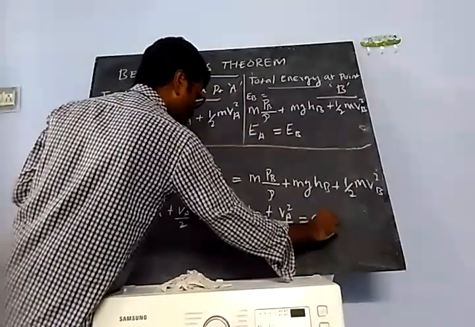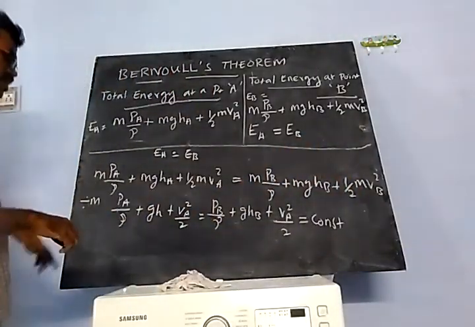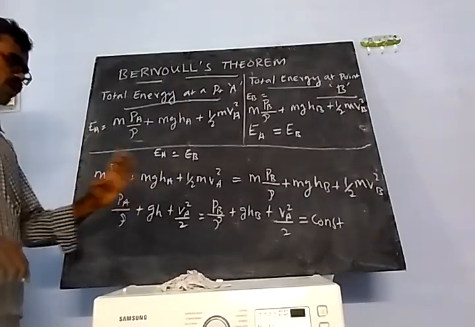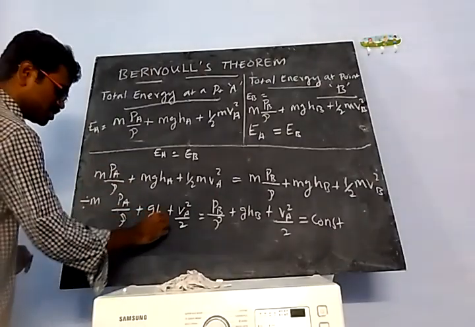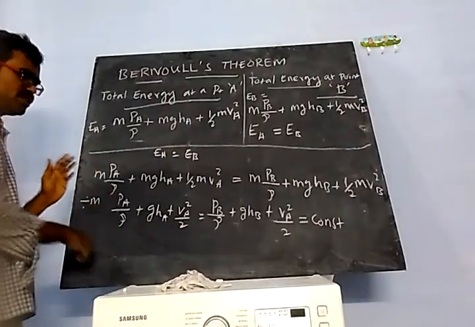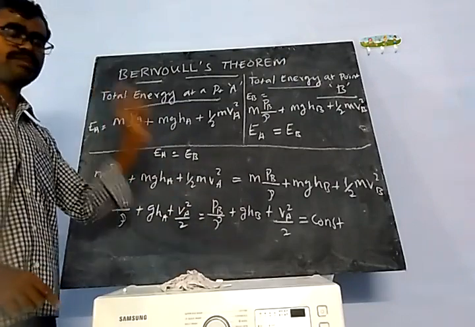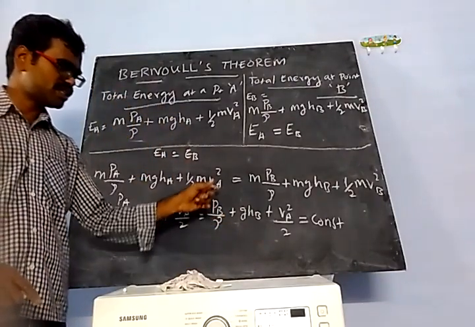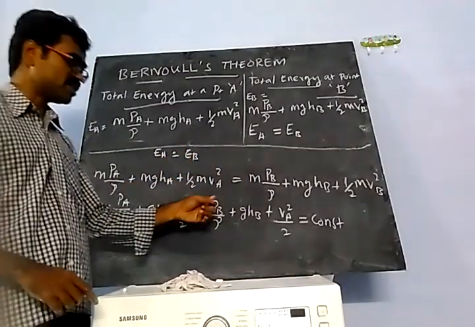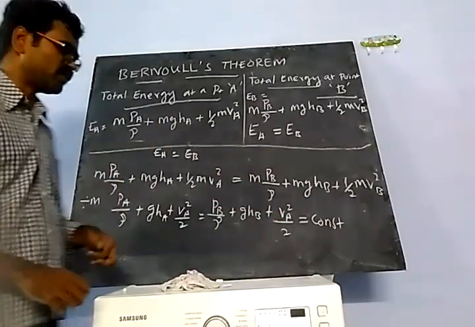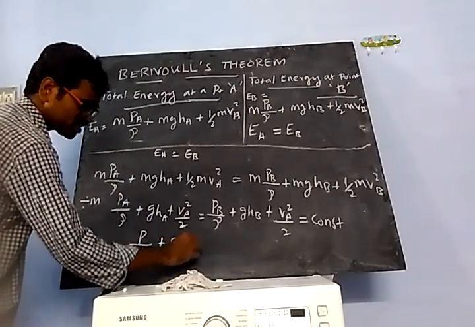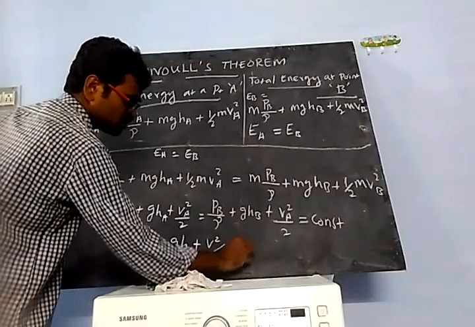This is equal to a constant. At point A you can vary any quantity, pressure or velocity or height, and B also has that same total energy, so you get the same constant value. So you can simply write P by rho plus g h plus v squared by 2 is equal to constant.